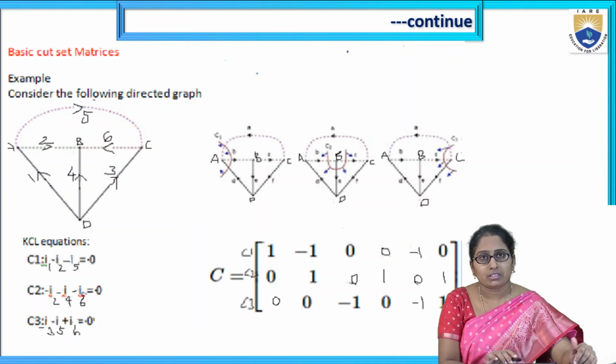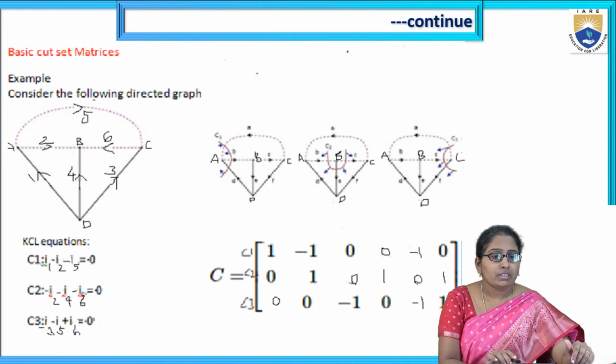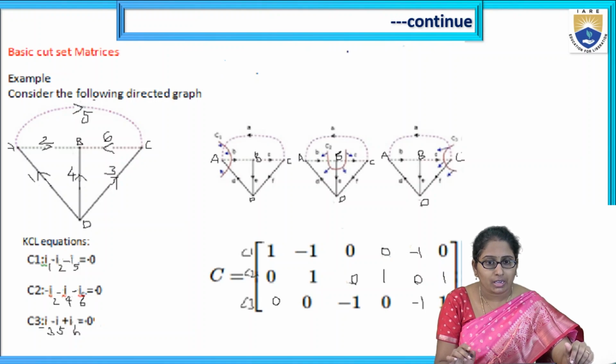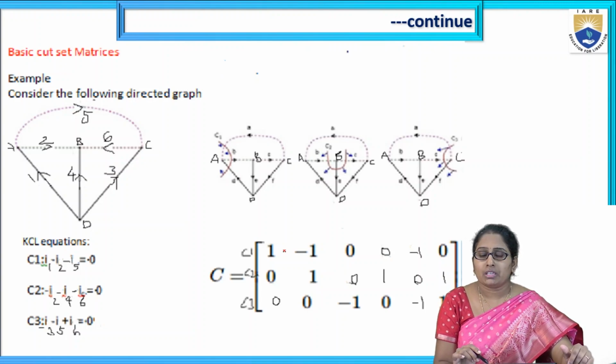Then I looked at the possible number of cut sets, and from that I wrote the cut-set matrix. As we know from my previous lecture, the order of a cut-set matrix is given by the number of cut sets and the number of branches.